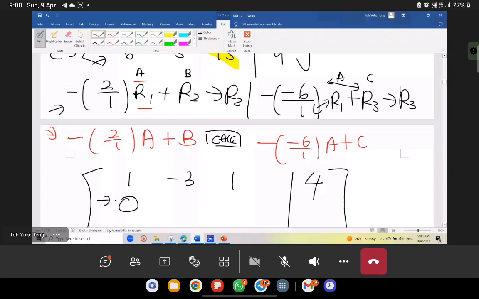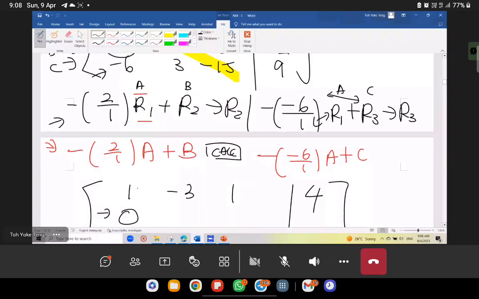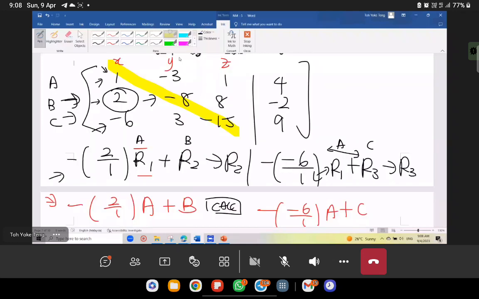If you get zeros already, you just move to the second column. Now the value of A is negative 3, the value of B is negative 8. Use the same equations. Remember that you are going to eliminate the elements below the main diagonal, but you do the operation for the whole row.